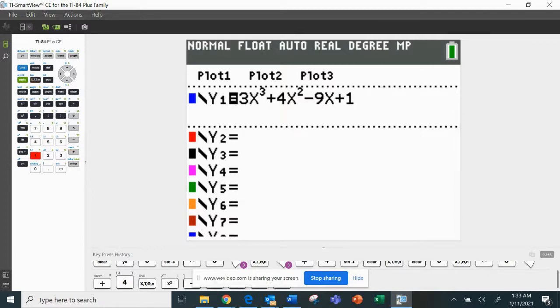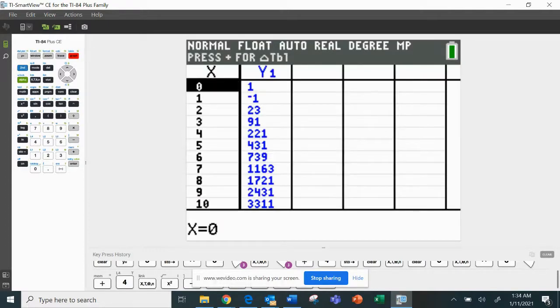Okay. Now, what we're going to do for the intermediate value theorem is we're going to go to the table. So we're going to do second graph, and we're going to look at our table. If your table isn't exactly the same as mine, you can scroll up and down using your arrow. You can also set your table up however you want.